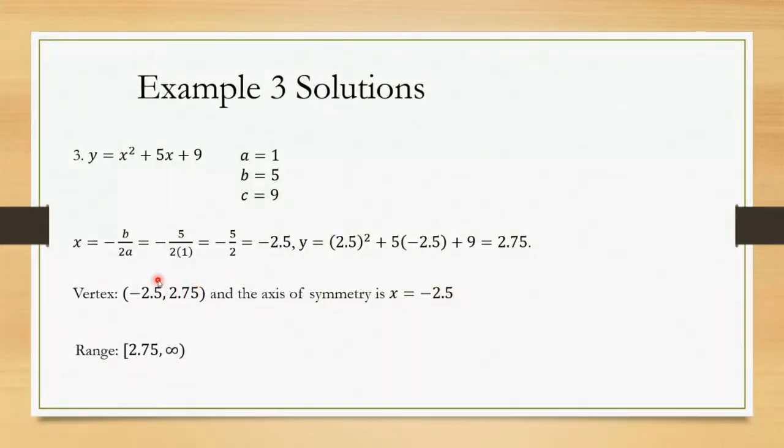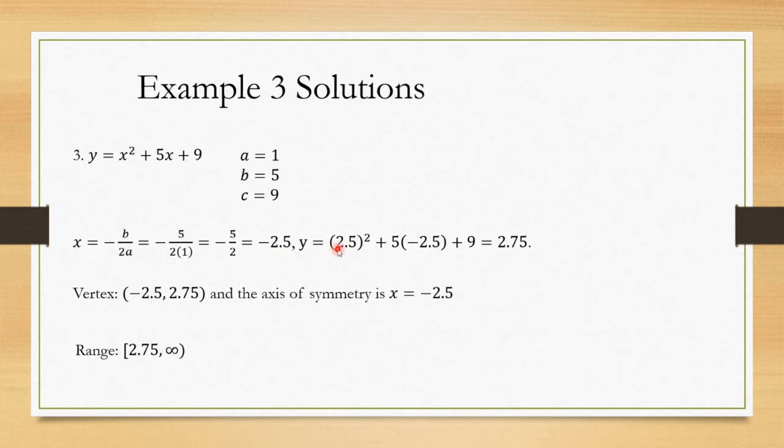We have negative B over 2A, which is negative 5 over 2 times 1, which is negative 5 halves. I'm just substituting B and A. So what we have here is 2.5. We have y equals, so that's negative 2.5.